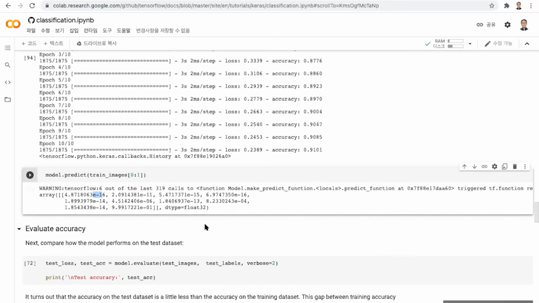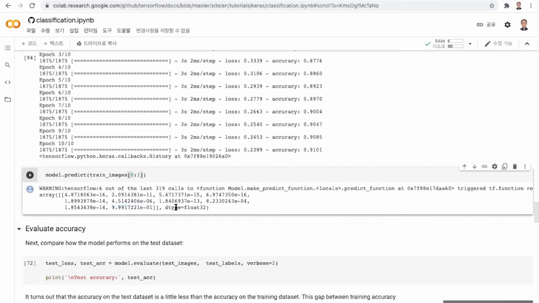So the biggest number here is actually this one. And if we read it in our ordinary way, it's 0.99917 something. So the first image has a 99% probability of being the last category.